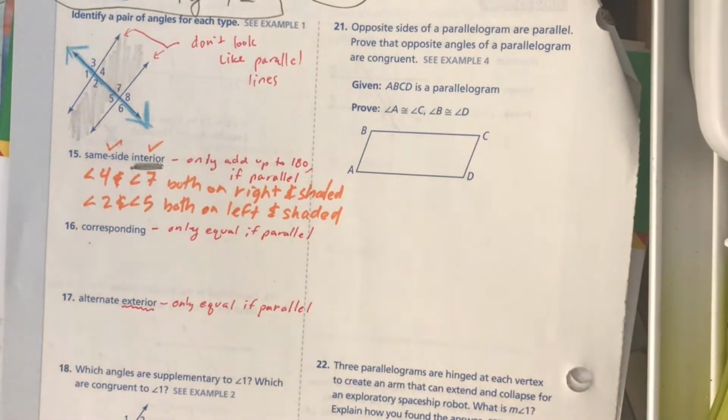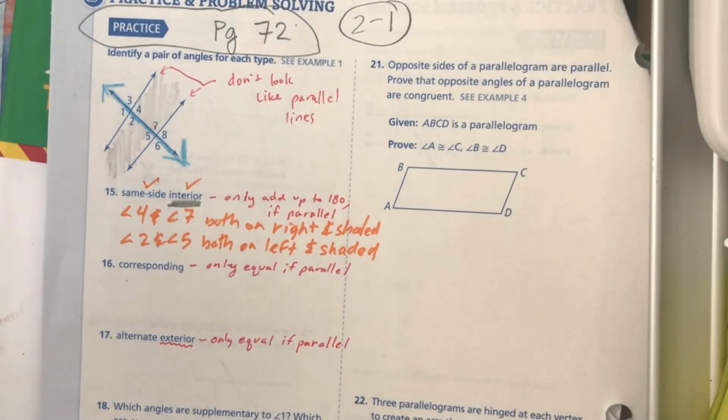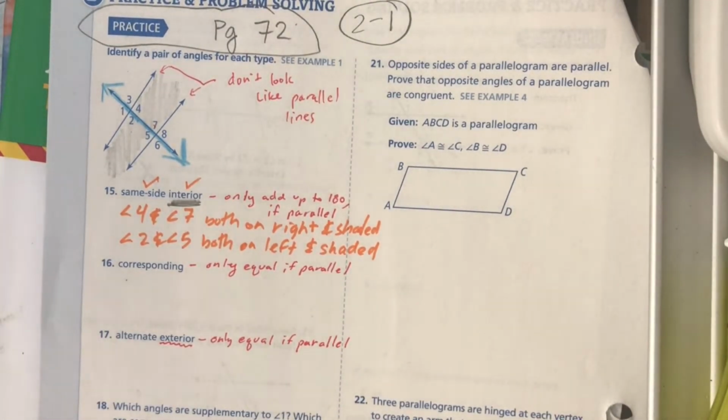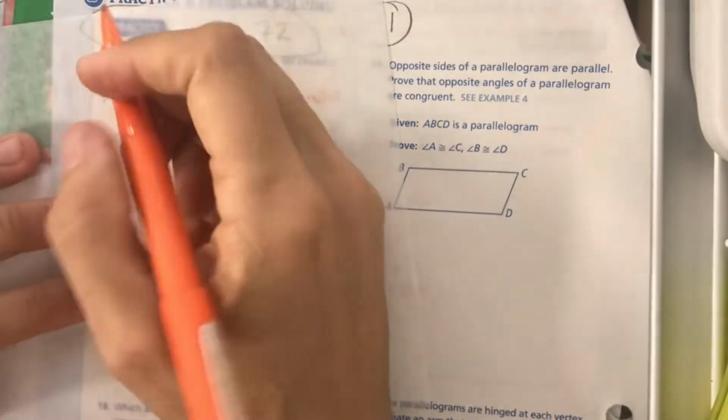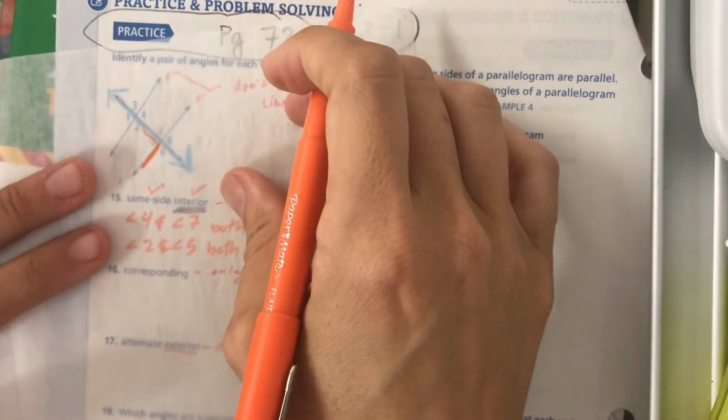Okay, so corresponding. The idea of corresponding merely means what I call, and I don't think I used the word in class, a slider friend. So the two requirements of corresponding were they must be the same size on the same side of the transversal. So I don't know if you noticed it, but this angle is corresponding.